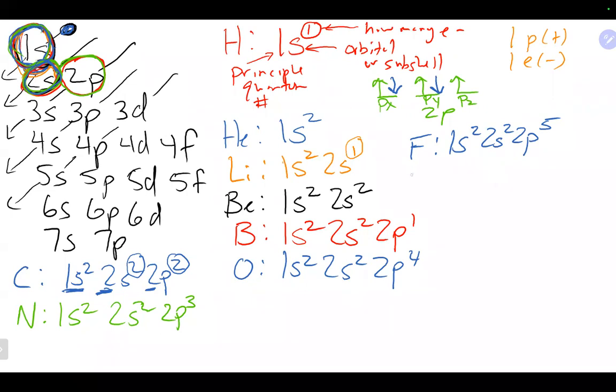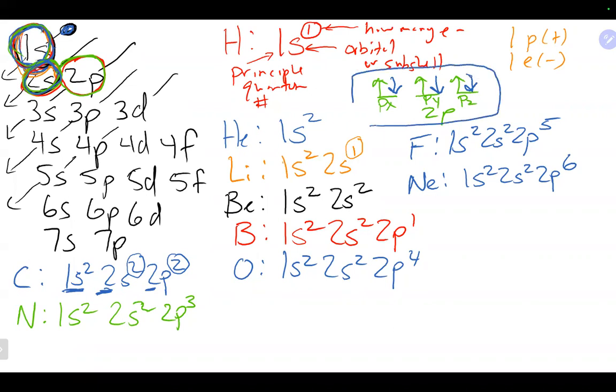And that would happen at our good friend neon, which is 1s2, 2s2, 2p6 in this case. At this point, as you can see from my picture, there's no more room for the 2p subshell. We would then have to move on to the 3s, the next lowest energy orbital that would get electrons. Question on that there.